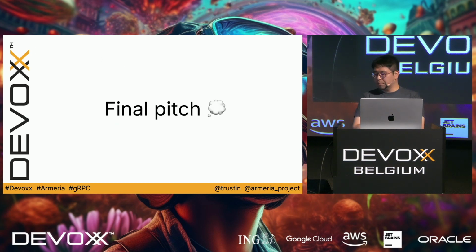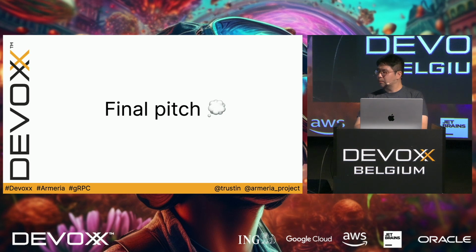So far we talked about what gRPC is, how you usually write a gRPC server and client, and how you add more features to make your service production ready, like adding decorators or health checks and stuff like that.